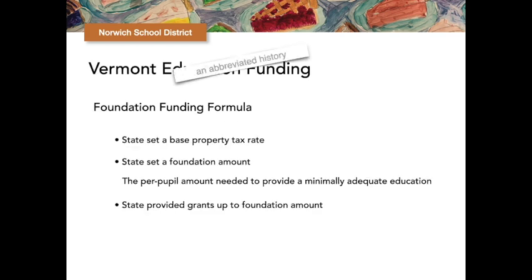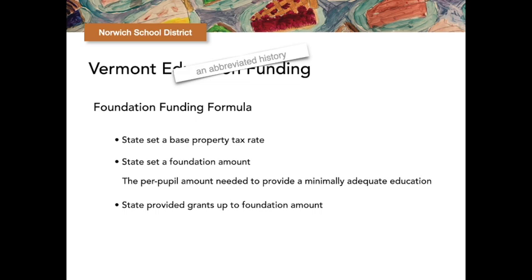In order to understand where we are today and the change that's being proposed in pupil weights, we need to go back in time a little bit to Vermont in the mid to late 90s. Since Vermont's founding, we've had a series of different education funding formulas. In the years just prior to 1997, Vermont, like many states, had a foundation funding formula.